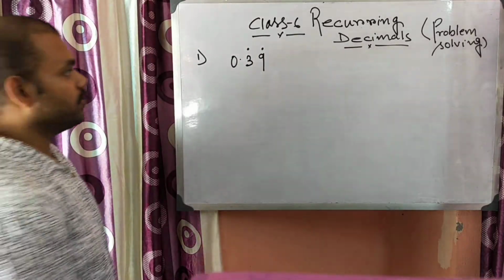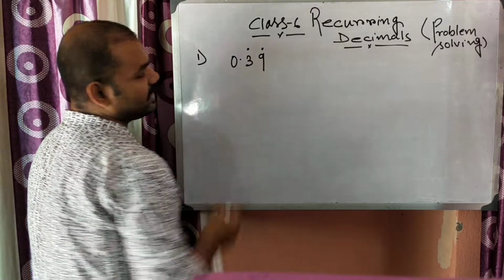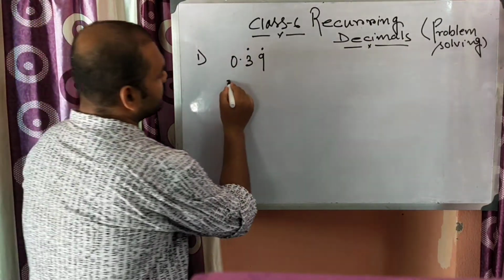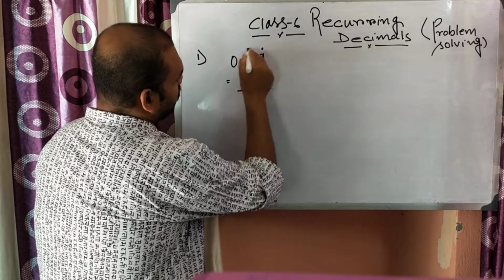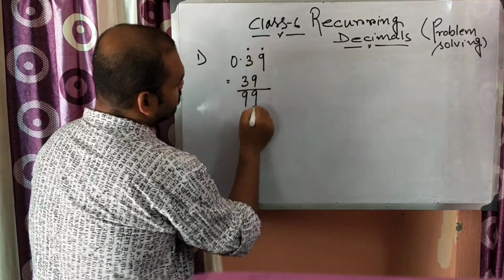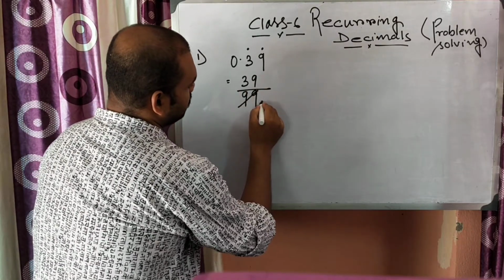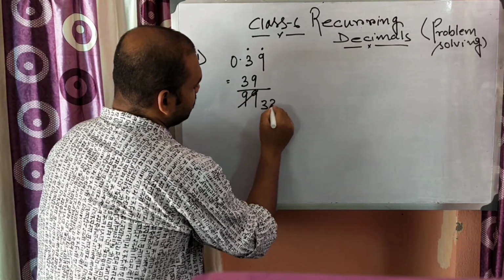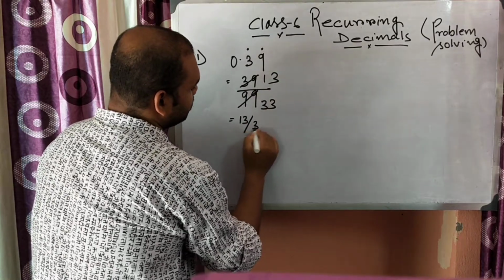It is obviously pure. Why? Because just after the decimal point there is a recurring digit. So it can be written as 39 by 99. Now if it cancels out, it will be 13 by 33.